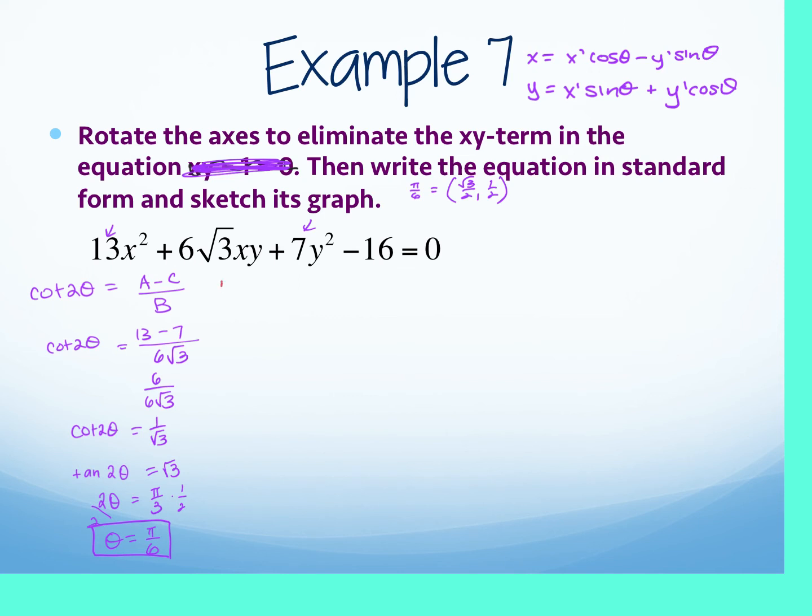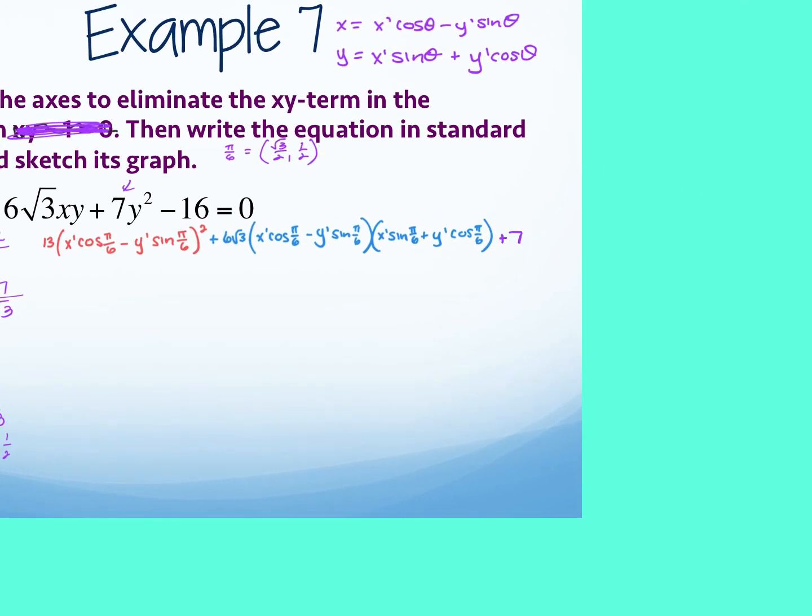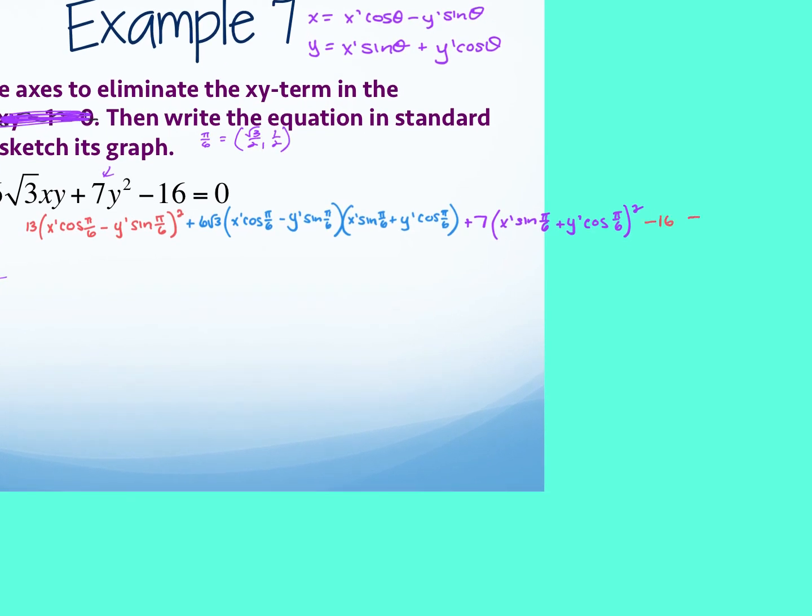See how small I can get it. 13 times my x, which is x prime cosine pi over 6 minus y prime sine pi over 6, squared, plus 6 root 3 times x prime cosine pi over 6 minus y prime sine pi over 6, times the y, x prime sine pi over 6 plus y prime cosine pi over 6, plus 7 times y squared, x prime sine pi over 6 plus y prime cosine pi over 6 squared, minus 16 equals 0.